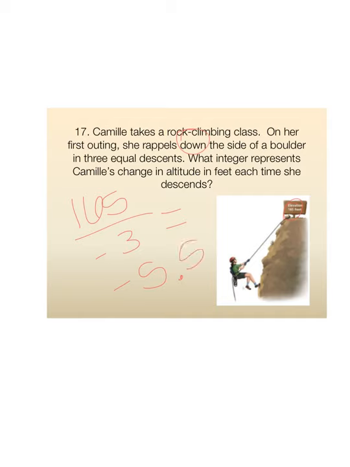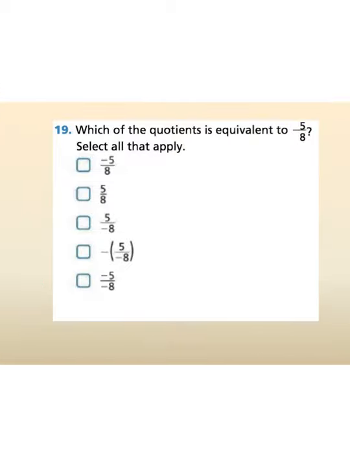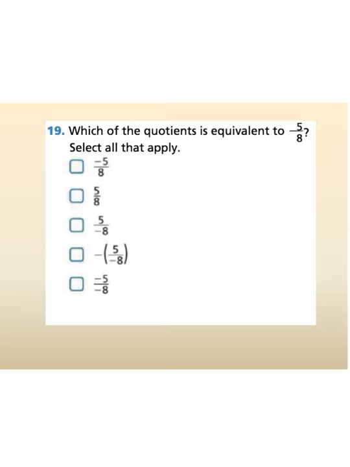Okay, and we're going to skip 18 down to number 19. Which of these quotients is equivalent to negative 5 divided by 8? Select all that apply. Well, negative 5, the whole fraction here is negative. We have a negative here, which makes it negative. This one is positive. Okay, so we want the red one.